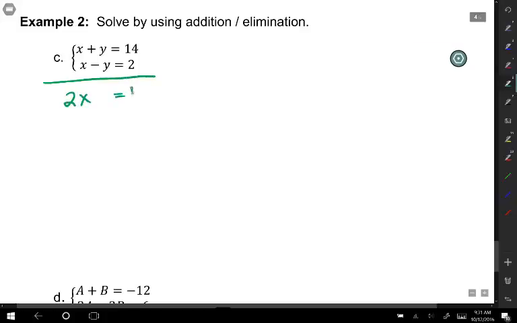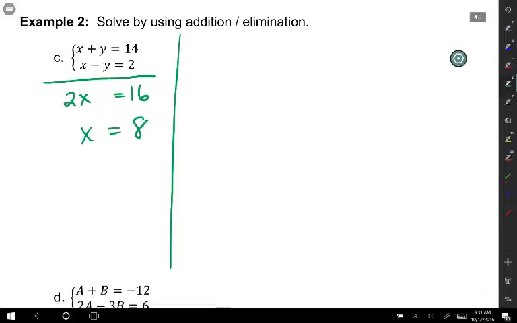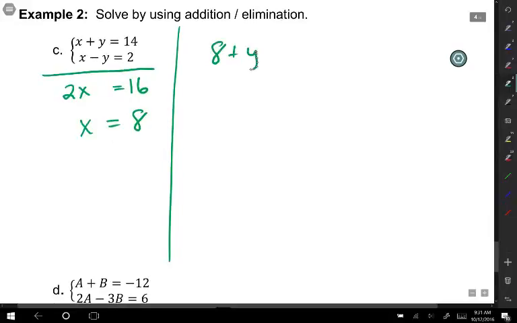2x equals 16. So x equals 8. In algebra 1, I would have said, so x equals 14, right? Wow. Because some people forget how to solve equations in algebra 1. All right, so let's solve. 8 plus y equals 14. What does y equal? 6.